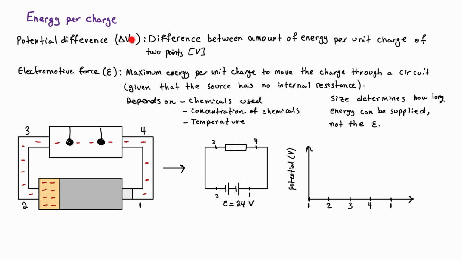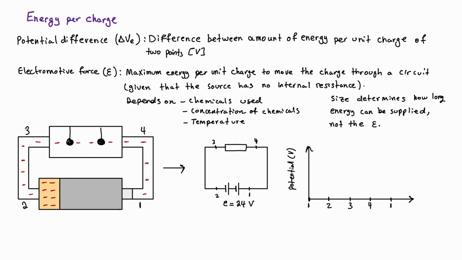So this idea here is showing the potential difference. So this one is electric potential, and this sign over here is showing that it is the difference. This is the difference between the amount of energy per unit charge of 2 points.